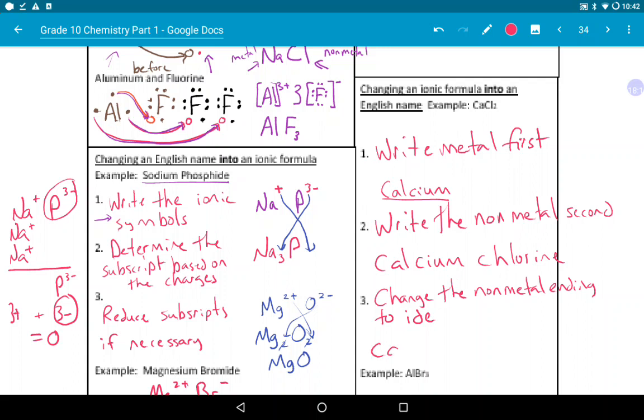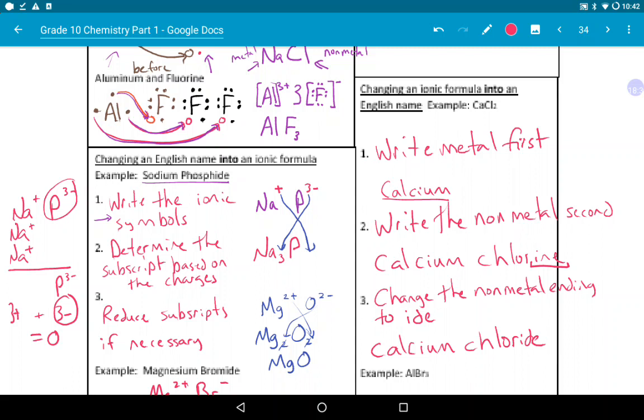Okay, so we write calcium. We're going to keep the root of the word, so the chlor we're going to keep, and you do that for each of them when you're working with them. And then we're going to change that ending to IDE. Okay, and there's that ionic name.